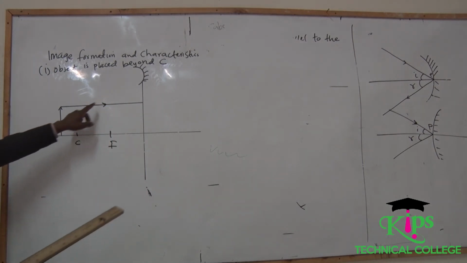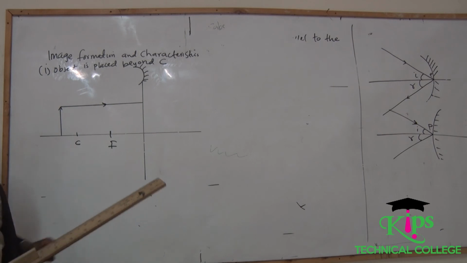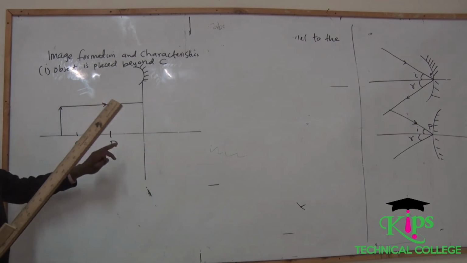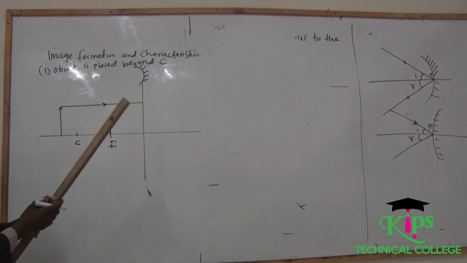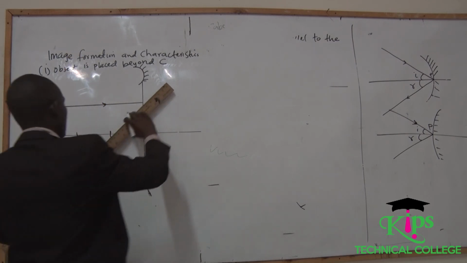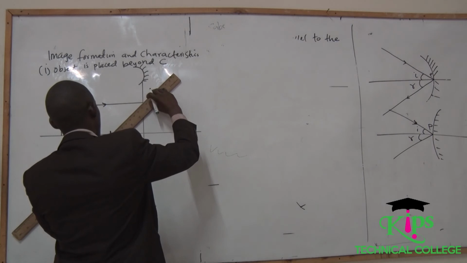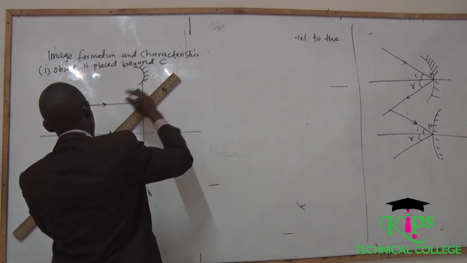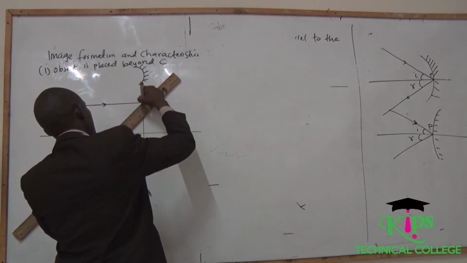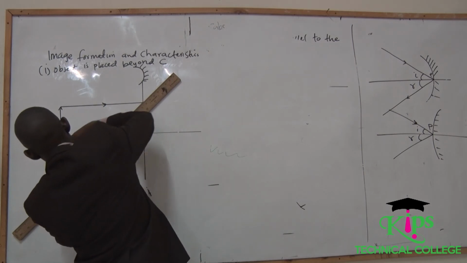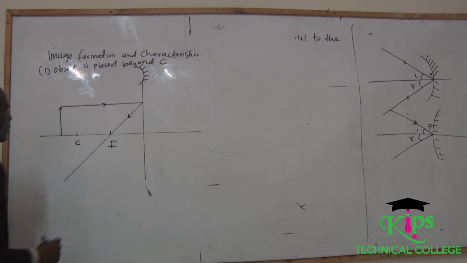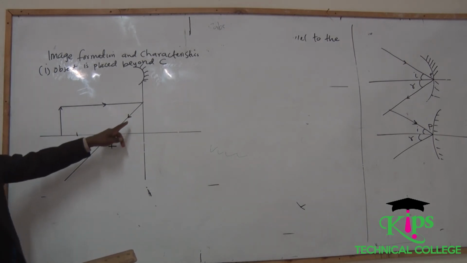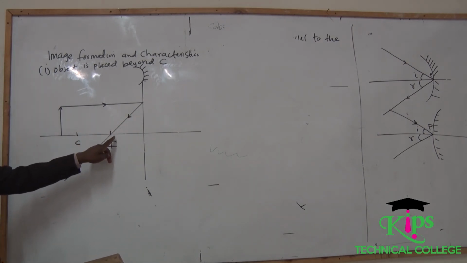When this ray hits the concave mirror, it will be reflected and it will pass through the focal point. So you can indicate that. The first ray goes to the mirror, is reflected, and it has to pass through the focal point.